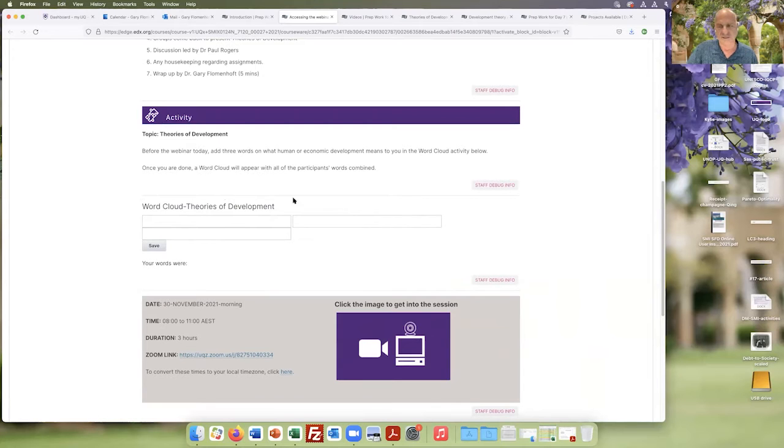So for 5 minutes, if you would just type in 3 words into the word cloud, and we'll see what you come up with. The question was, what 3 words would you put in for what human or economic development means to you? So I'll just stop sharing so you can get into your own page there and just type in 3 words for us, and then give you 5 minutes.